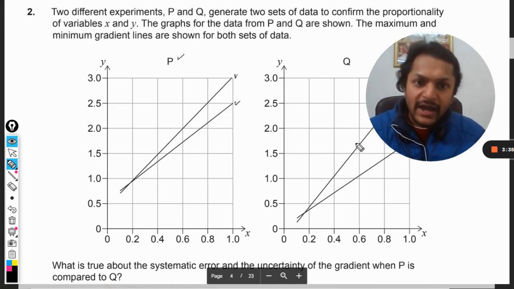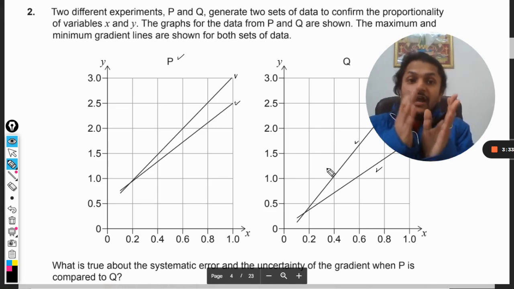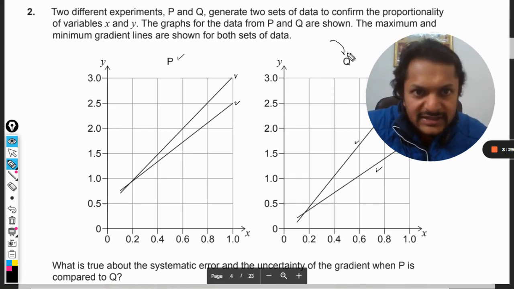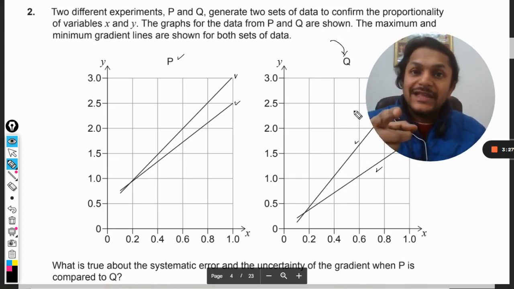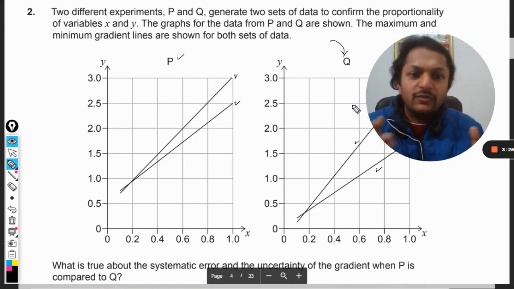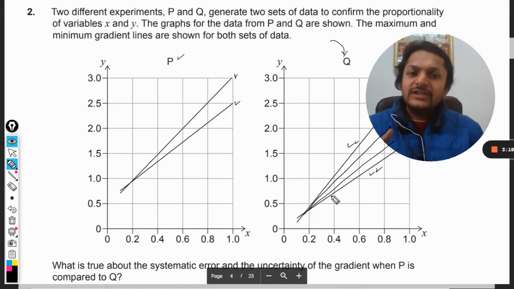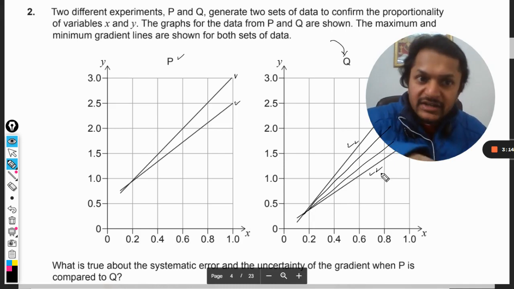In the case of Q, we have two different lines which are really separated. So obviously in this data, it is difficult to say what the true relation between y and x is, whether it is this minimum, this maximum, or a line in between. Which line does it follow? We don't know. So there is more uncertainty of the gradient in this graph.